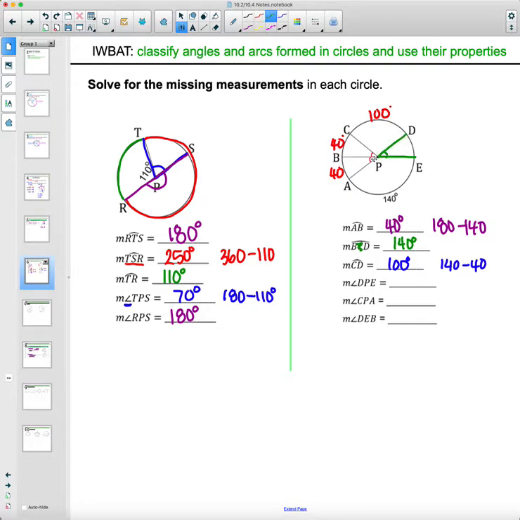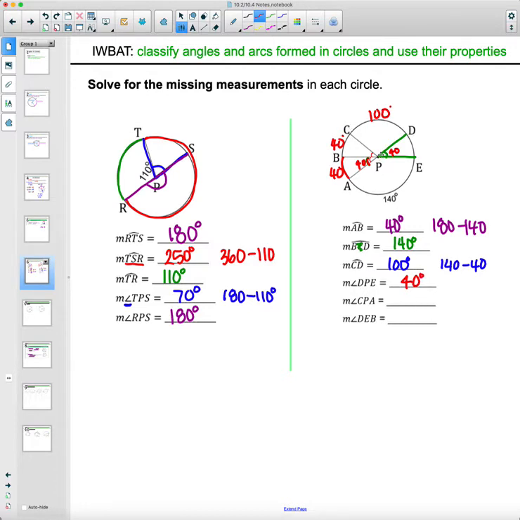Notice it's a vertical angle with this one, so these two are the same amount. Remember, a central angle is the same as its arc. So this arc right here is 40 degrees, which means that this angle is also 40 degrees. So this vertical angle is also 40 degrees.